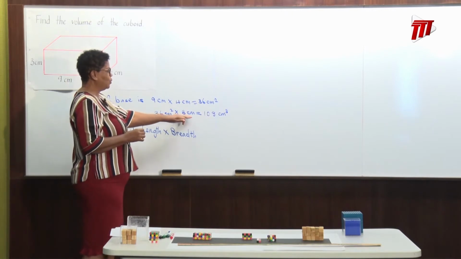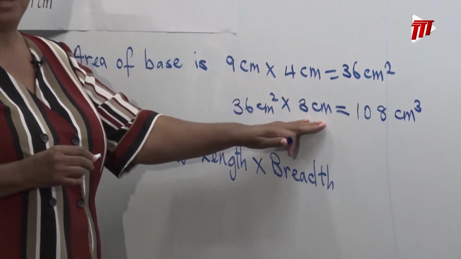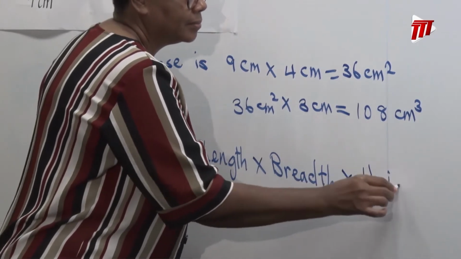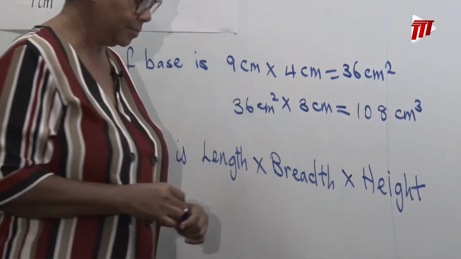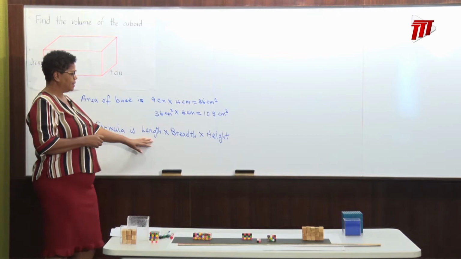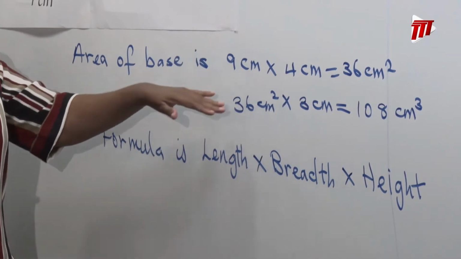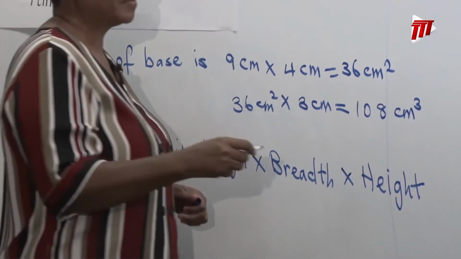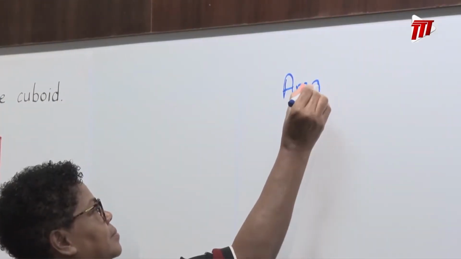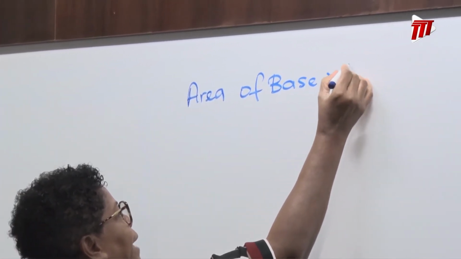And then finally, we multiplied the area of our base by our height. So a formula for finding volume is length multiplied by breadth multiplied by height. Or this other method that we also use, which is area of base multiplied by height.